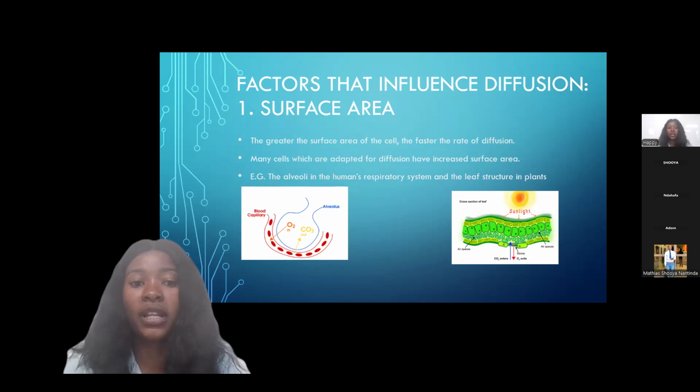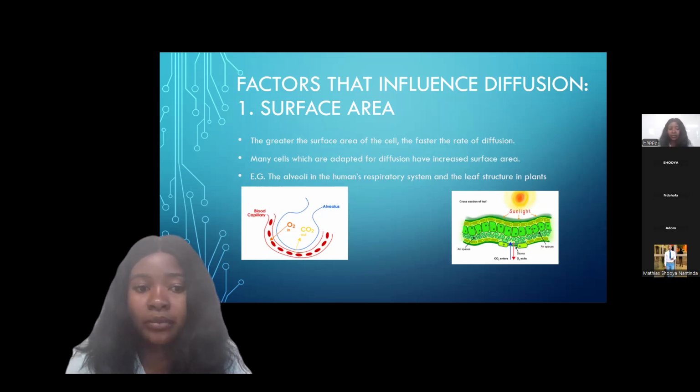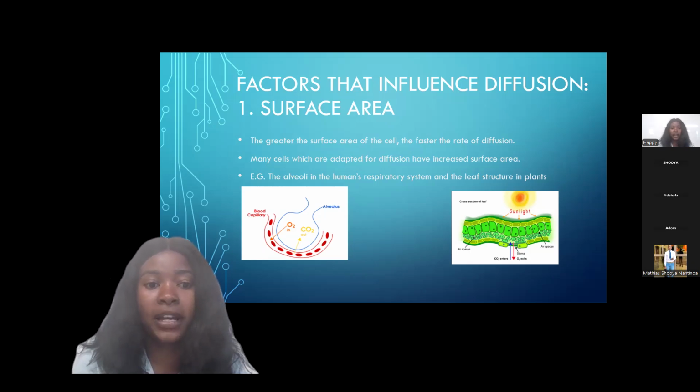For instance, when we look at the alveoli in the human respiratory system, when we look at the picture just there, it shows two arrows, whereby one is of O2, which is pointing to the blood capillary.